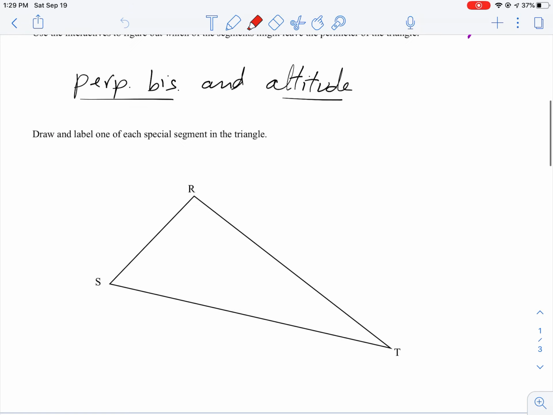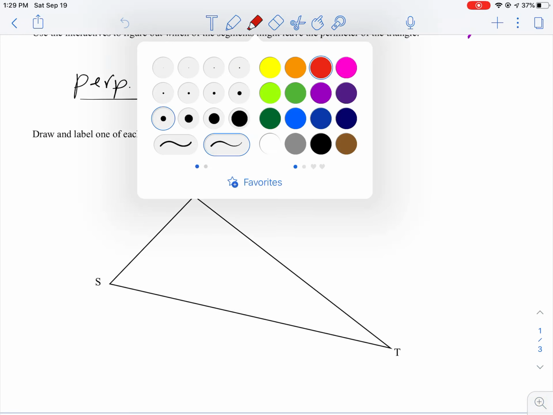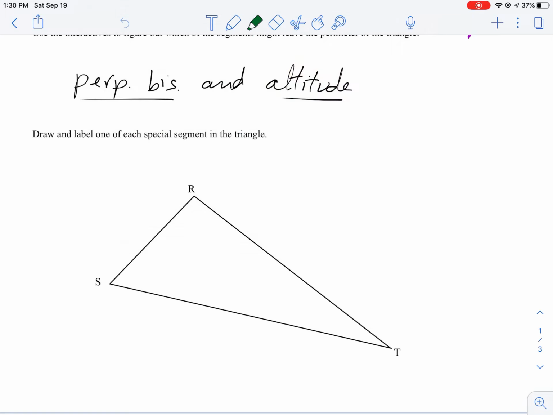So let's go green and then blue and then purple. So for green would be a median, goes from this point to the midpoint of the opposite side. There's my median, okay? And then let's go blue. I think I did blue for altitude. Altitude would be straight down, perpendicular to the opposite side, passing through a vertex.